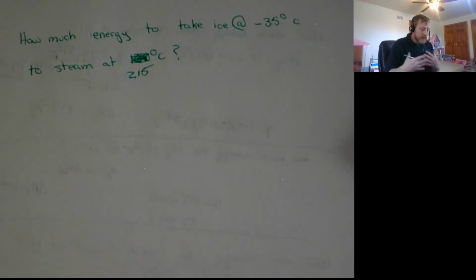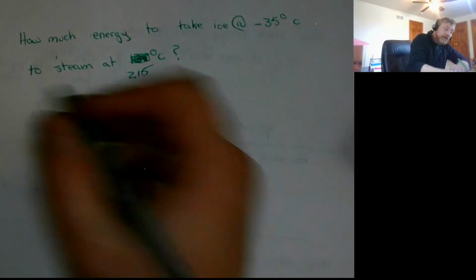And I also, though, in the middle of changing that temperature, have to melt this ice because you can't have ice at 215 degrees Celsius. Well, not under normal atmospheric conditions. And you then have to take that liquid water that you've made and you have to boil it into steam so that we can get it above 100 degrees Celsius, as that's as hot as water will get in normal atmospheric conditions. So, what do we need to do?